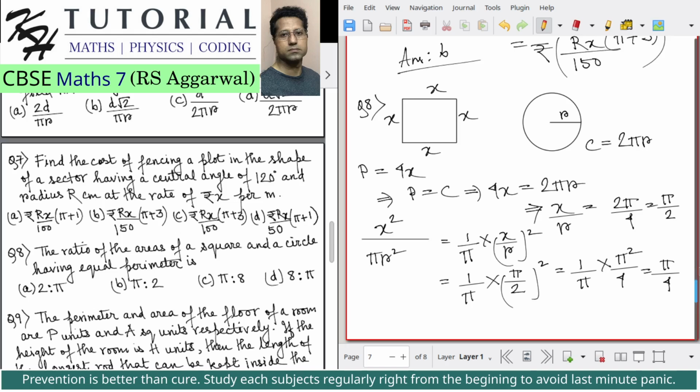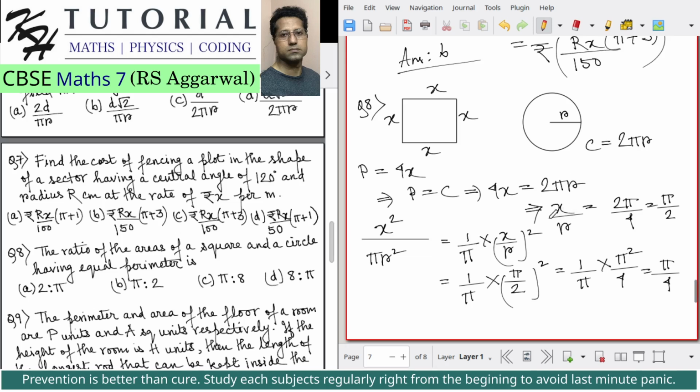Let me quickly check if I have made any calculation mistake. If I consider the length of each side of the square to be x, then the perimeter is 4x. If I consider the radius of the circle to be r, then the circumference is 2 pi r. It is given that the circle and the square have equal perimeter, so P is equal to C, which means 4x is equal to 2 pi r.